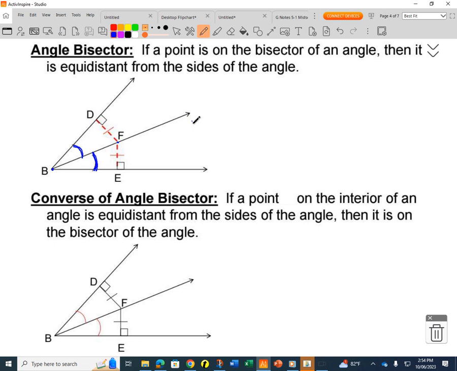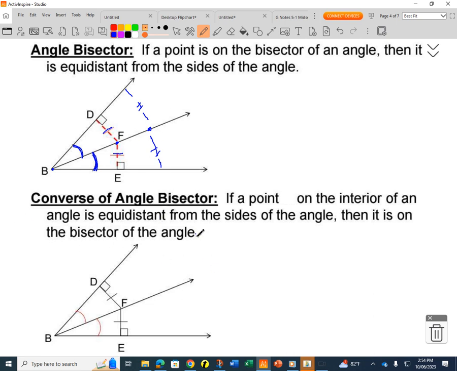But what this says is any point on this angle bisector is going to be equidistant from this side or from this side. So this point will have the same length from here to here. This point would have the same length from here to here. You may not know what it is, but it would be the same.